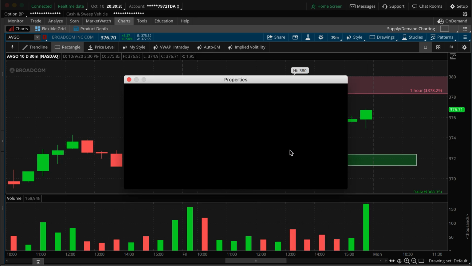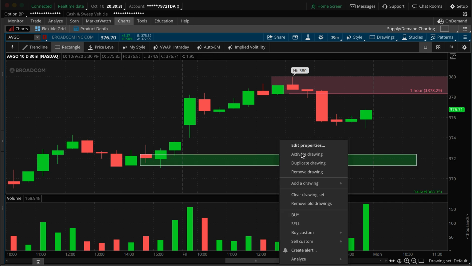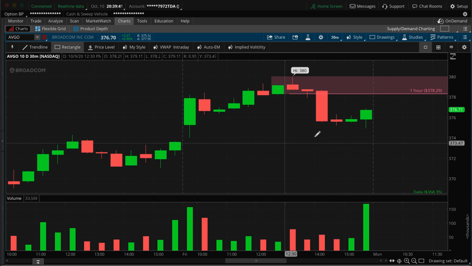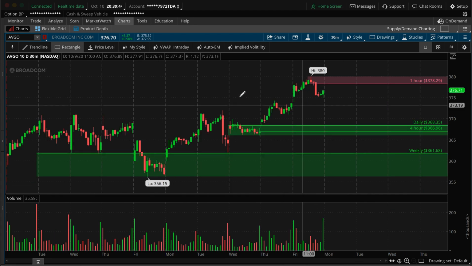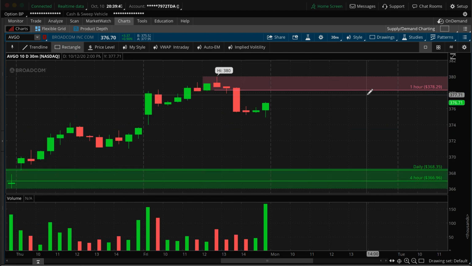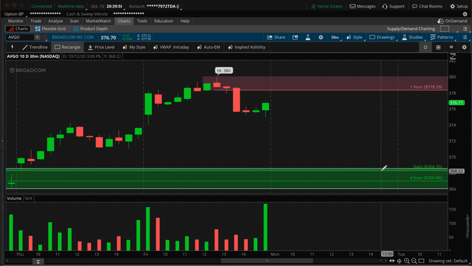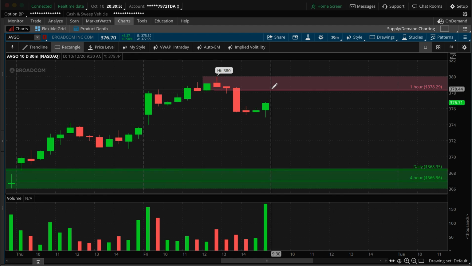So ideally, if you're looking to trade this, you would look for either price to fall back to 368, or us rally into 378.29. And then if we do hit that, look for confirmation that it's going to sell off. If not, we could get volume building or any other indications of it pushing through supply. And then if we do break 380, then this zone would become invalidated and be deleted.